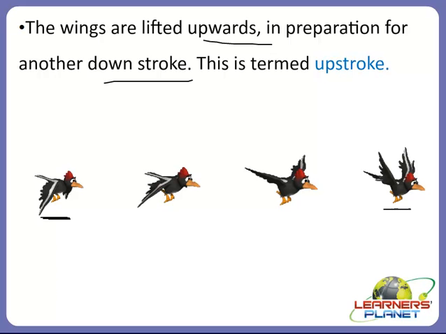Because only the inner part of the wing produces lift in the upstroke, it offers less lift than the downstroke, and as a result the bird's body will bob up and down slightly as the bird flies. So this is how the movement takes place.